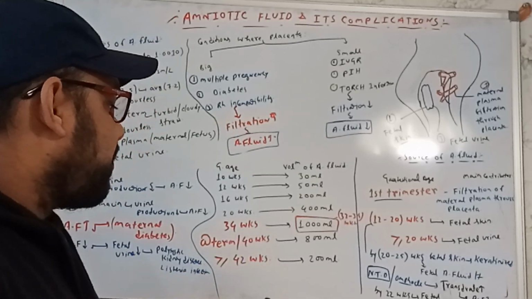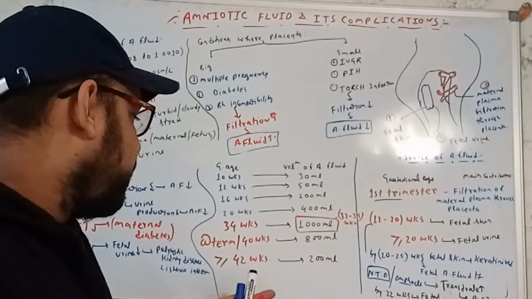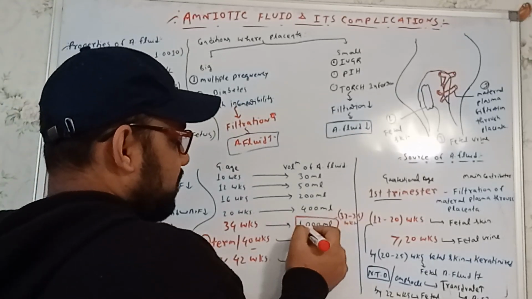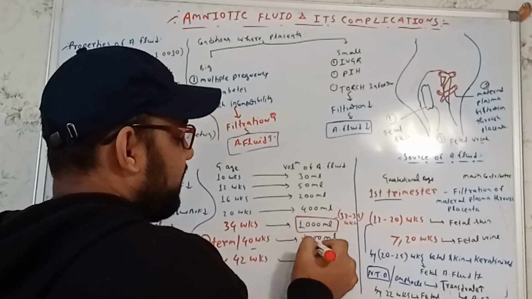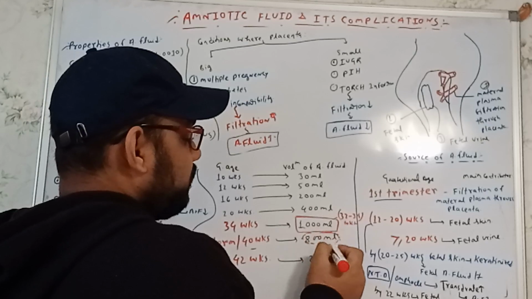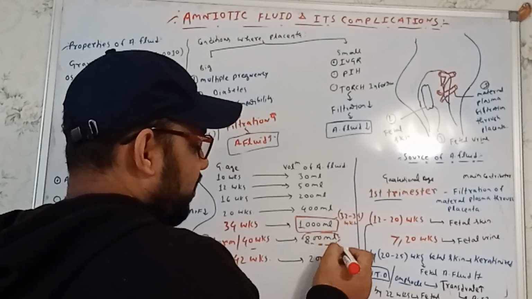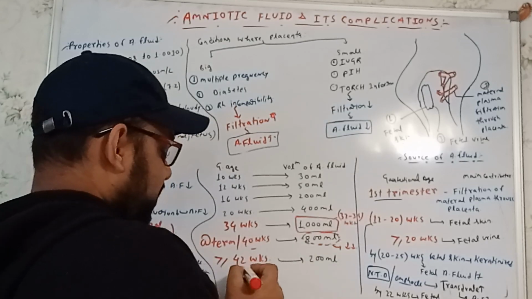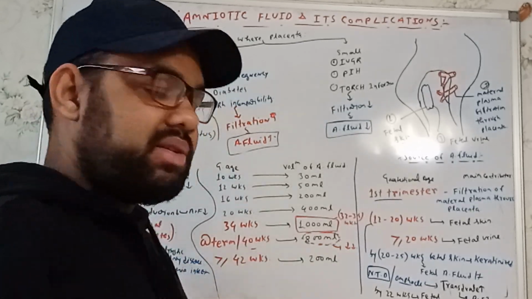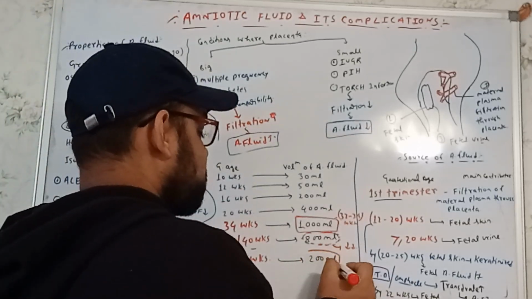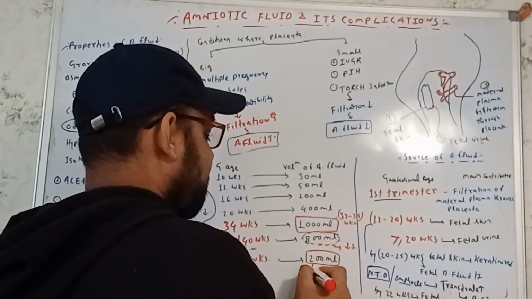After that, at term or 40 weeks, the volume will keep on decreasing. So when at 34 weeks it was 1000 ml, now at 40 weeks it is 800 ml. The volume will keep on decreasing, and around 42 weeks or beyond 42 weeks, the volume will be 200 ml.